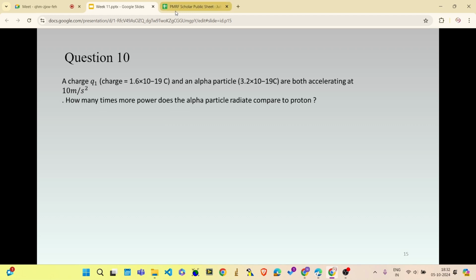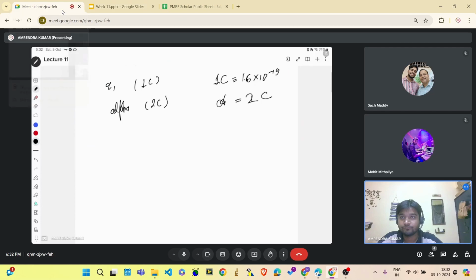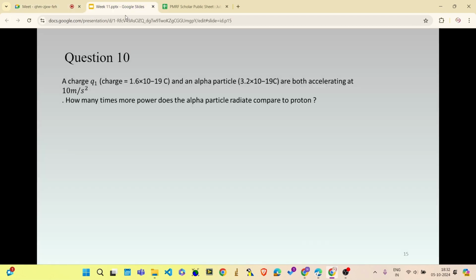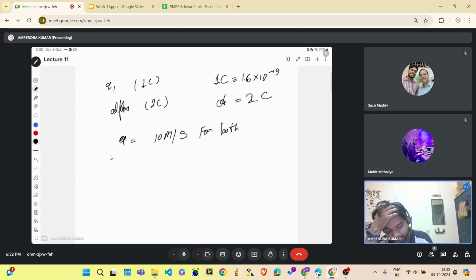Now, the question that we are being asked is, both are accelerating at 10 meter per second square, meaning the acceleration is the same for both particles.